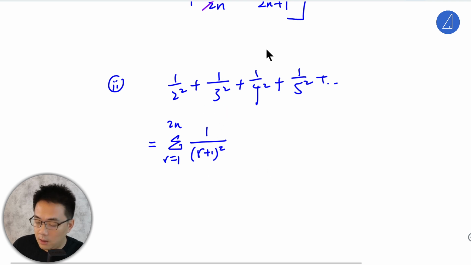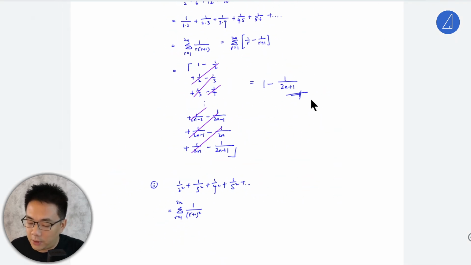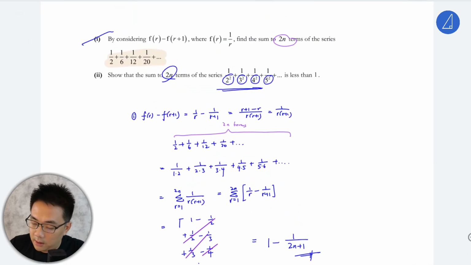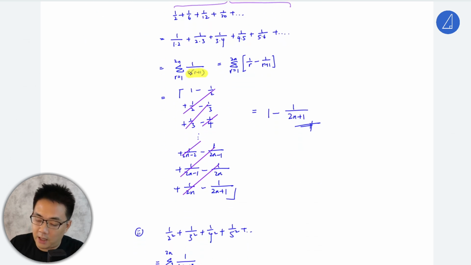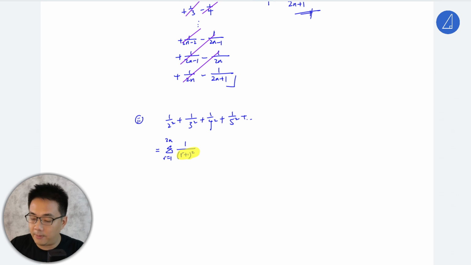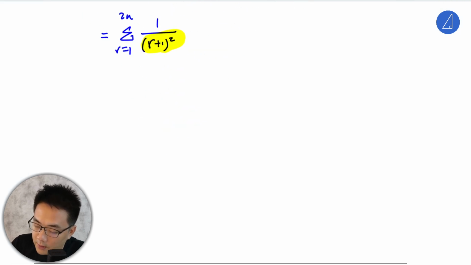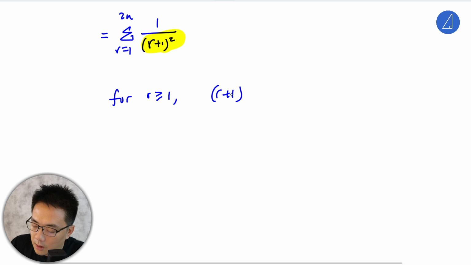So very typically, for this kind of question, what you need to do is just look at the denominator, because the denominators you're looking for are r and r+1. You have this, r and r+1. Then this guy is (r+1) squared. So you start off with, for r at least 1, (r+1) times r and (r+1) squared.